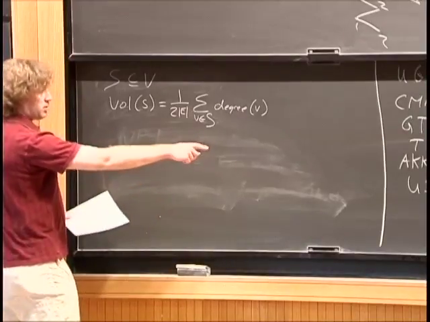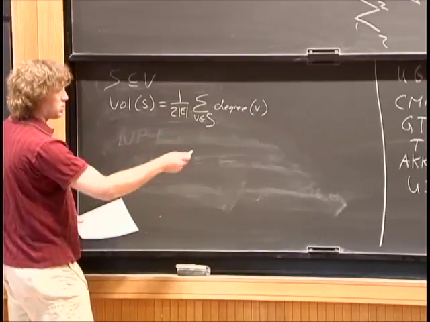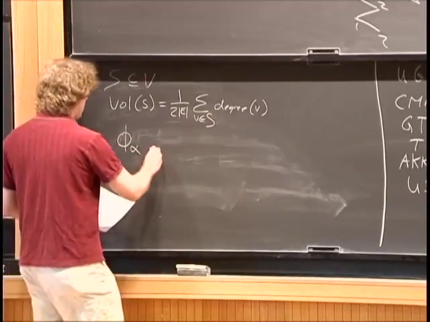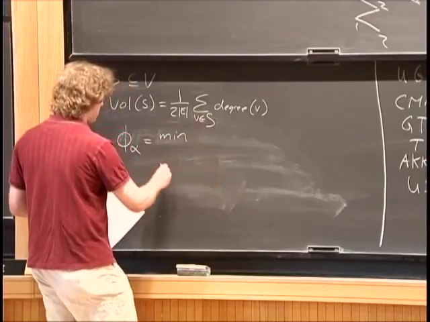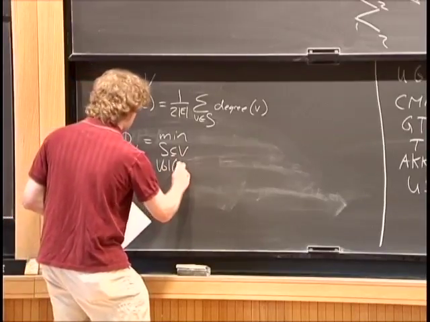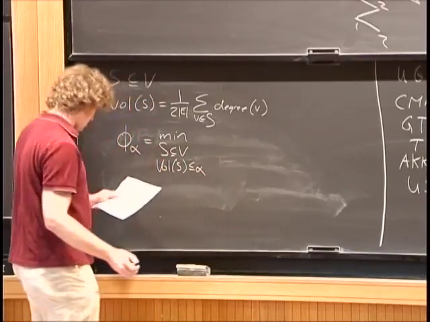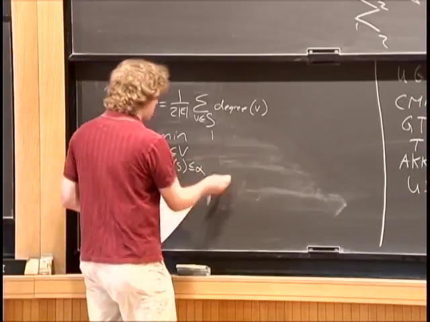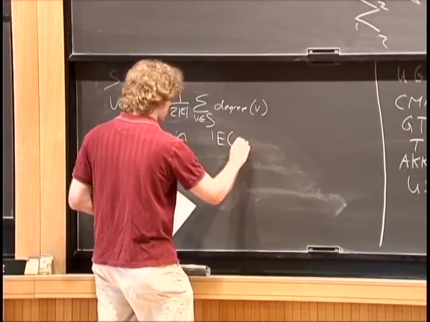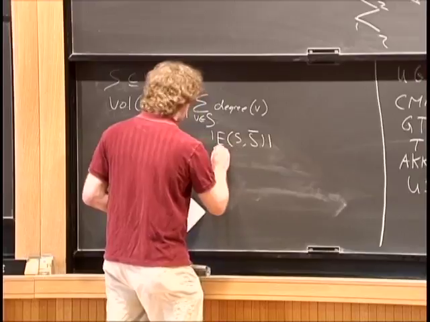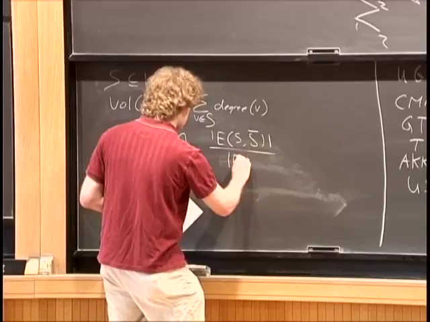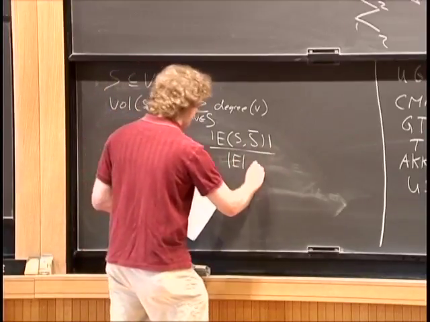And then we define the local conductance, phi alpha, as the minimum over all sets such that the volume of the set is at most alpha of the fraction of edges that leave the set over the volume of the set.